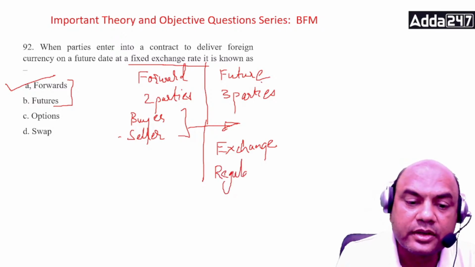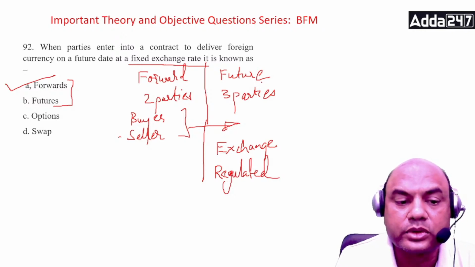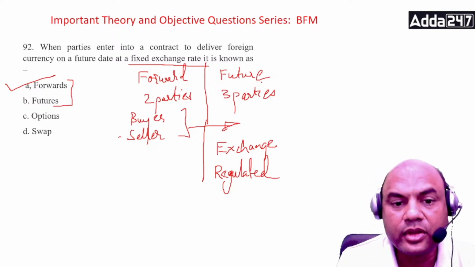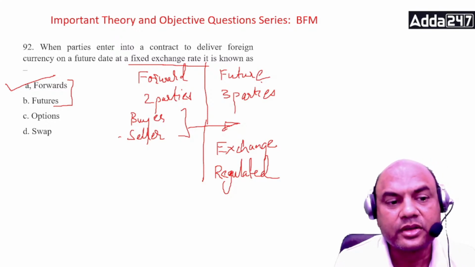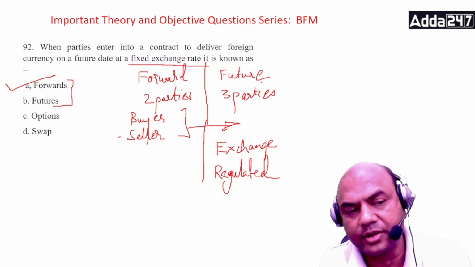Regulated means there is the exchange who deals with all the regulations. Here the rules and regulations are decided by these two parties only. So future is a regulated forward. Got it? Clear? Next one. Options and swap I'll explain someday later, whenever the topic comes.